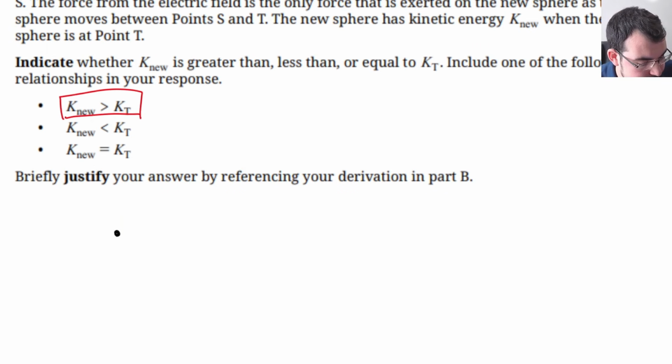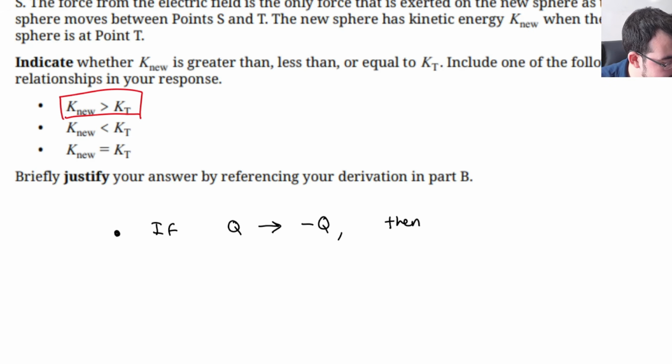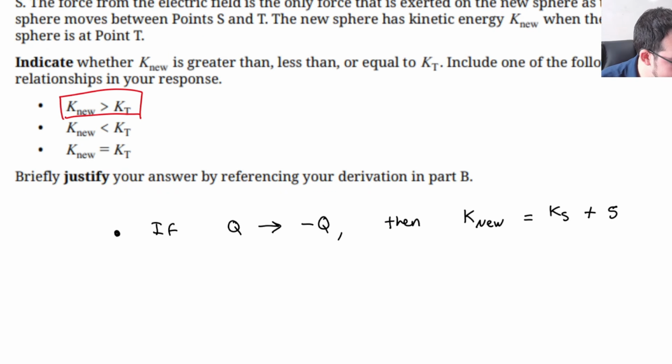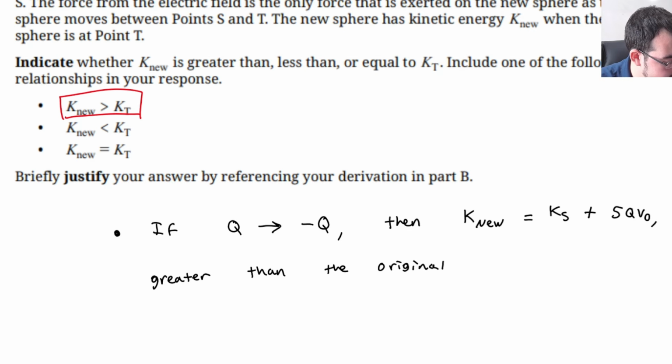So if Q is replaced by negative Q, then K new would be equal to KS plus 5QV0, which is larger than before, which is greater than the original value of KT.